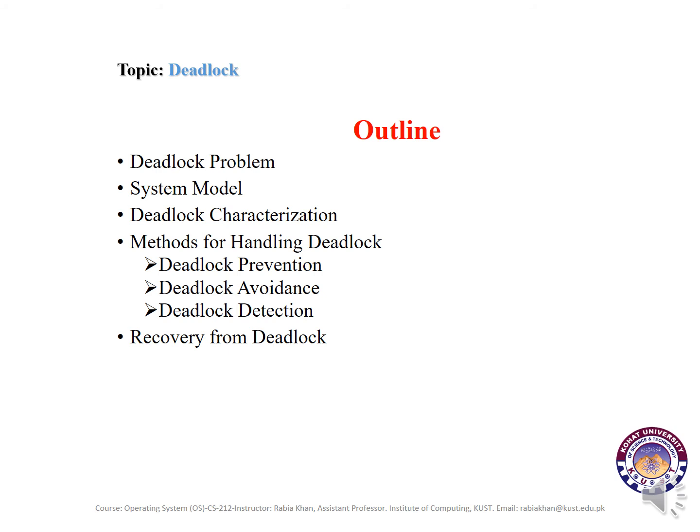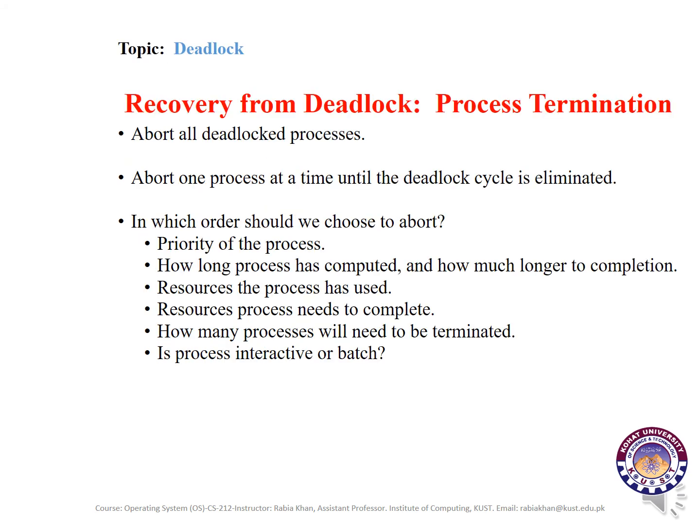The last topic of discussion in this chapter, as mentioned in the outline, is recovery from deadlock. So let's see how we can recover if we ever get stuck in deadlock.